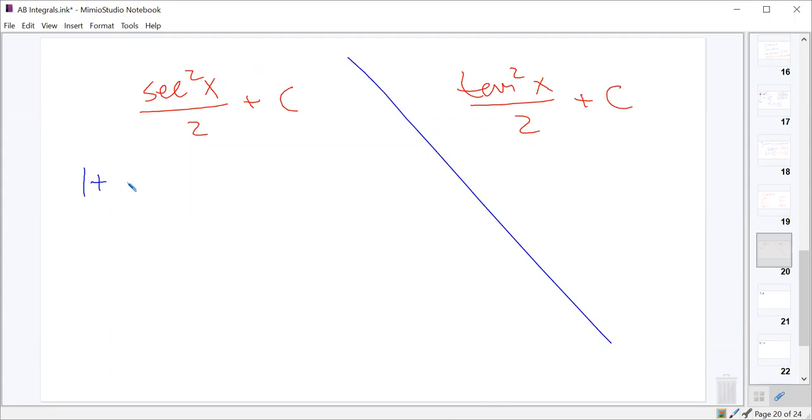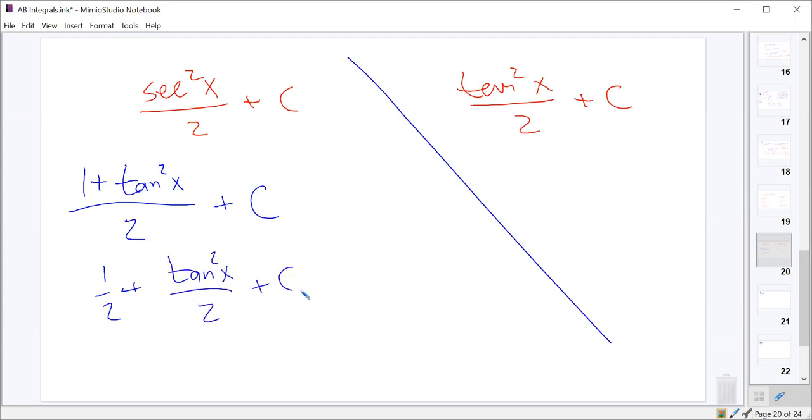What else is it the same as? 1 plus tangent squared x, over 2 plus a constant. And so what do we end up with here? Well, this ends up being 1/2 plus tangent squared x over 2 plus a constant.